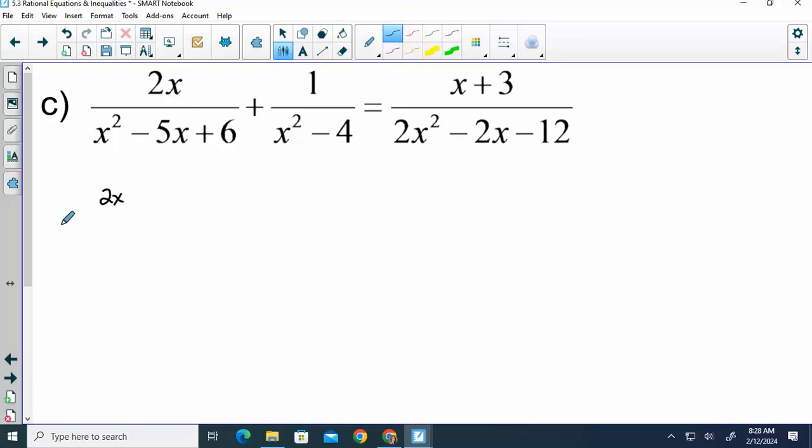What do we do first? Honestly, I'm looking at trying to factor myself. Factor everything. Okay, x squared minus 5x plus 6, what does that factor into? X squared minus 4, what's that factor into?